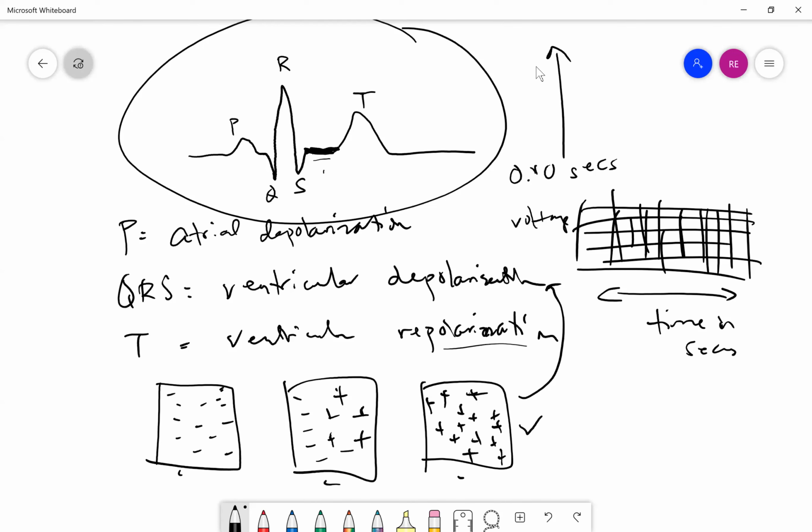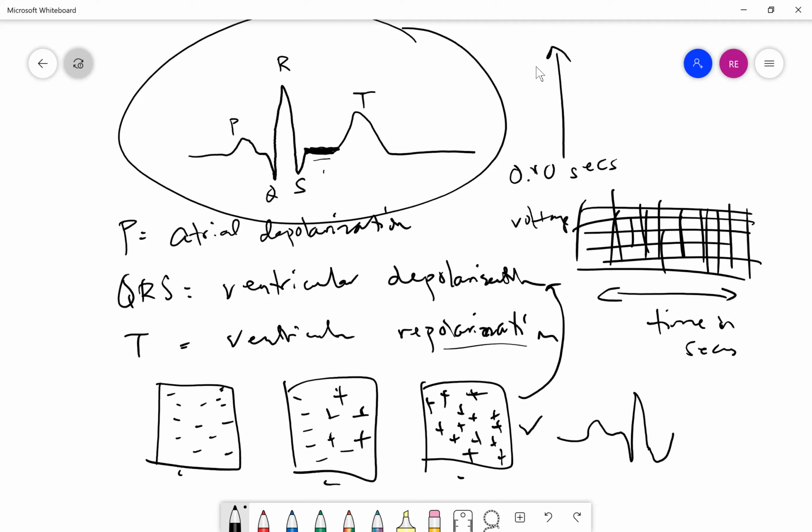So in non-STEMI, there is now ischemia to the myocardium. Let's talk about the ventricle. If the ventricle doesn't receive blood supply, it becomes very irritable, and therefore the ST segment is no longer isoelectric or flat.